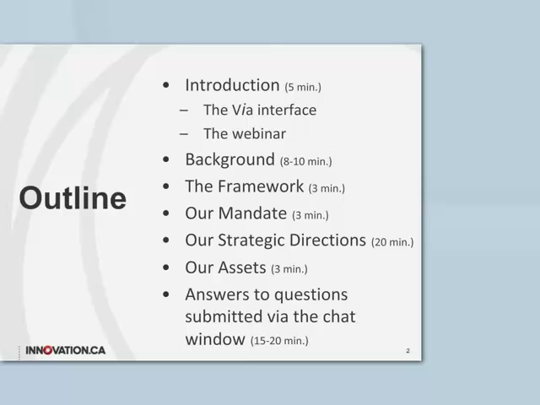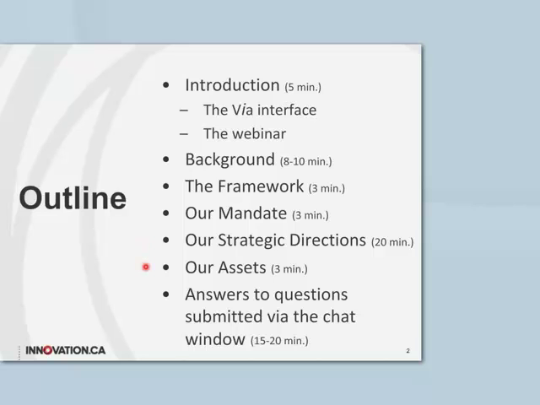I'll then describe the framework that we have used in order to create the strategic plan or the strategic roadmap. Then we'll spend some time on our mandate, but focus our attention mostly on our strategic directions, and this is the core of the presentation.